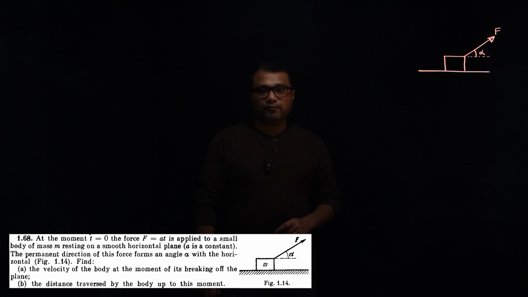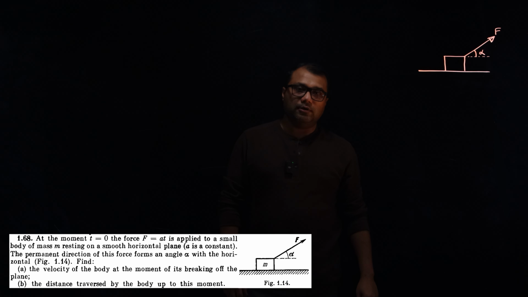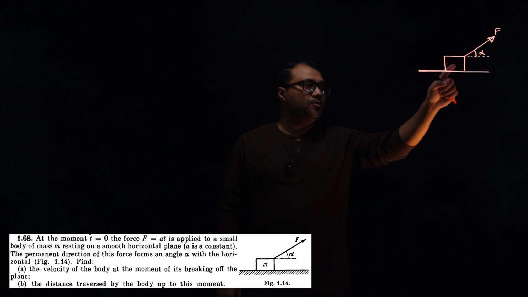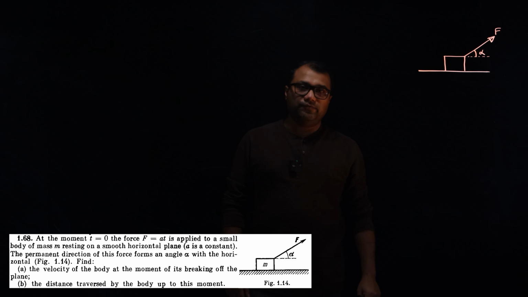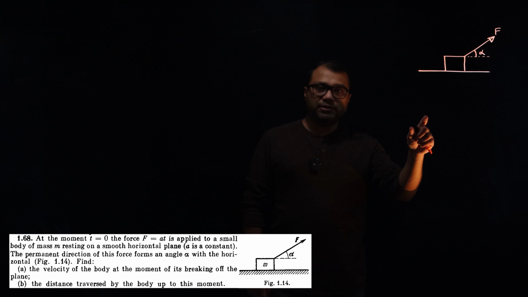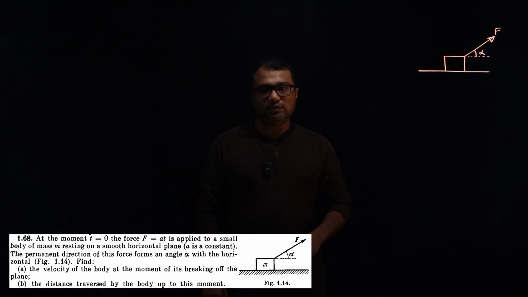We have to find out the moment when the mass breaks off the surface and the velocity of the body when it breaks off the surface, and second, we have to find out from t equals 0 up to that point when it breaks off the surface what's the total distance traveled.